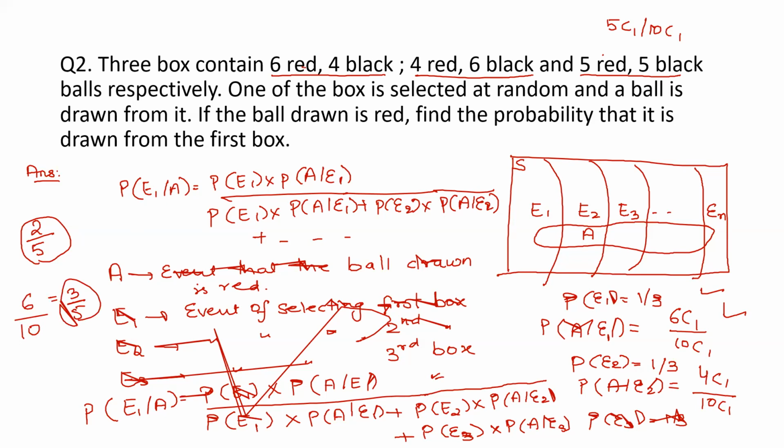You have 6 red balls. I was asking A by E1. Oh, E1 is 6 by 10, yes. Okay, then what is A by E2? 2 by 5. Good. And then A by E3? 1 by 2.